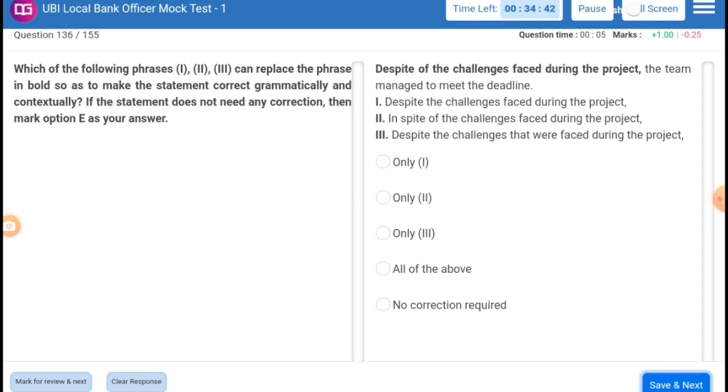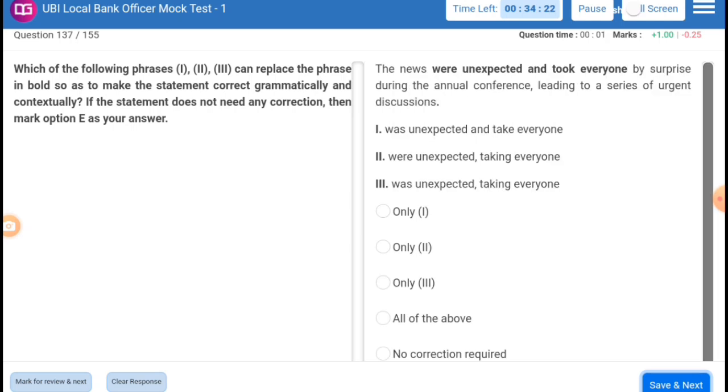So despite the challenges faced during the project, the news were unexpected and took everyone. And take everyone.